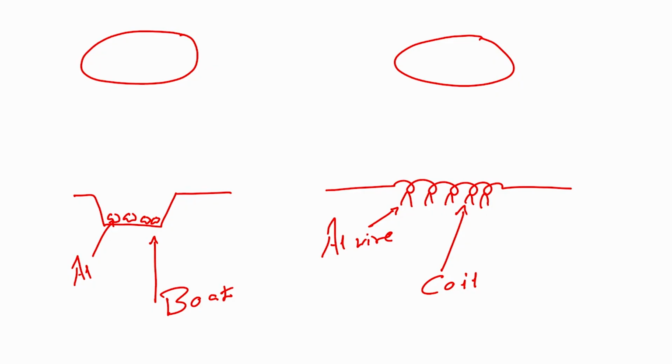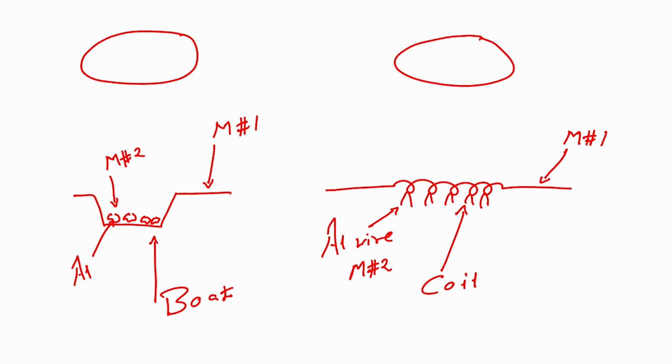The boat is metal number 1 and aluminum is our metal number 2. In the same way, the coil will be our metal number 1 and the aluminum wire will be metal number 2.